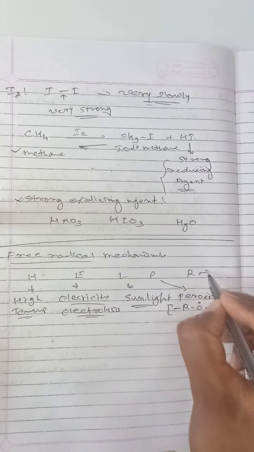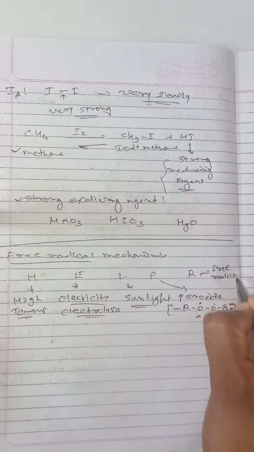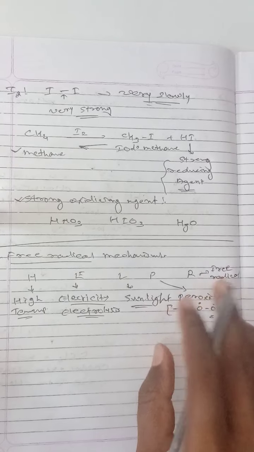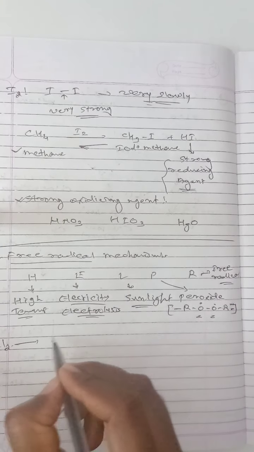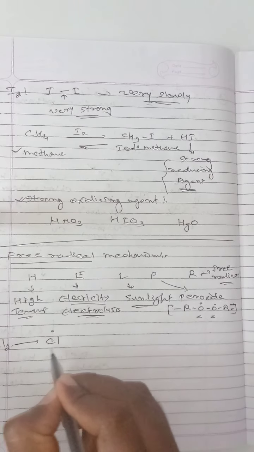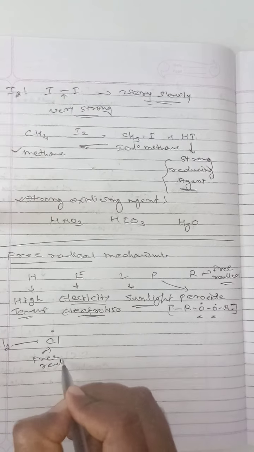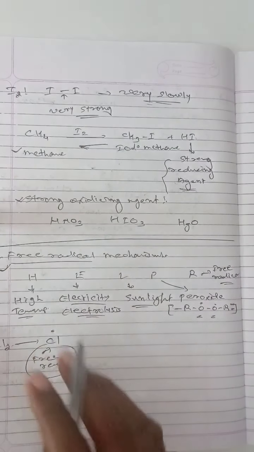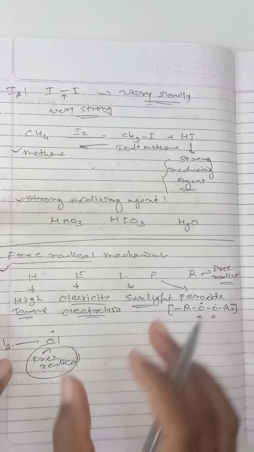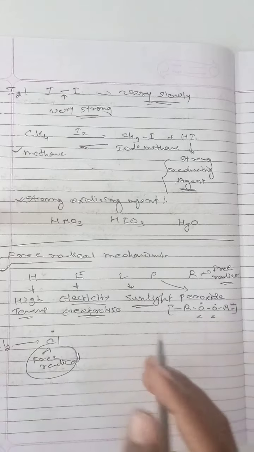And for R, free radical is formed during the reaction. Here for chlorination, on cleavage we get chlorine free radical, so this is called free radical mechanism. So this is a very simple formula, HELPR.